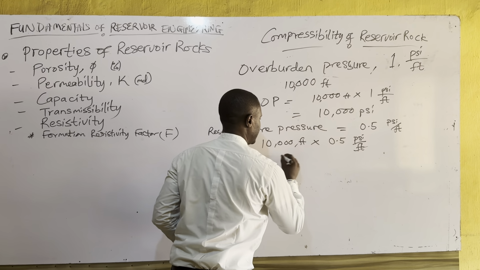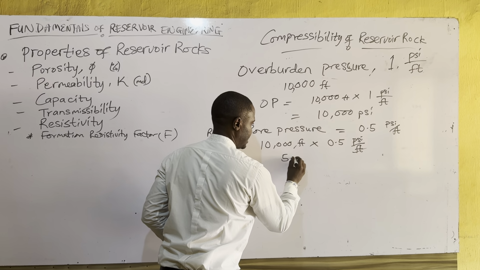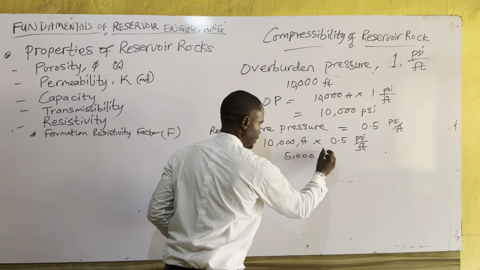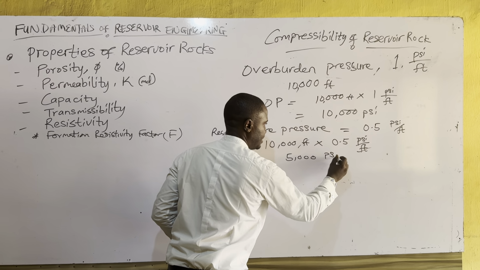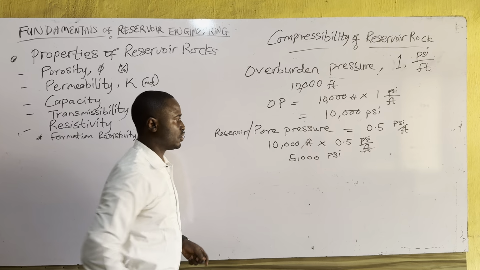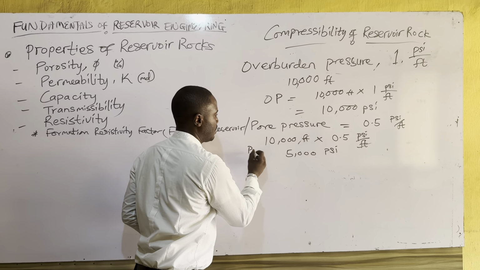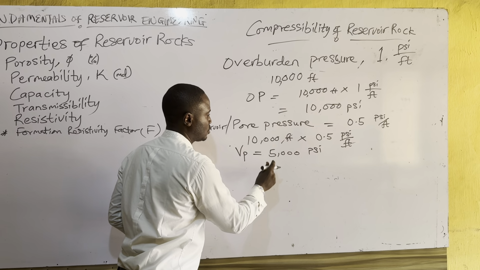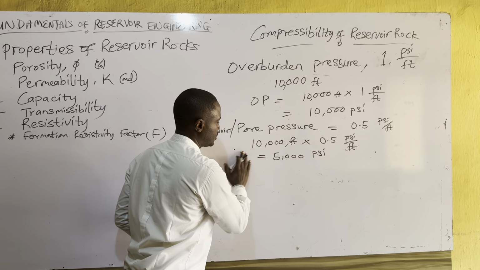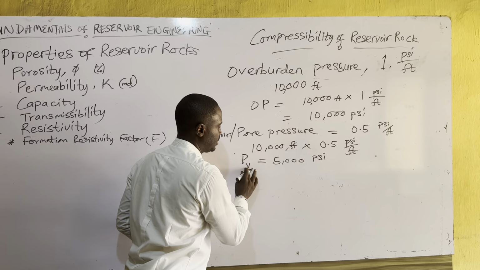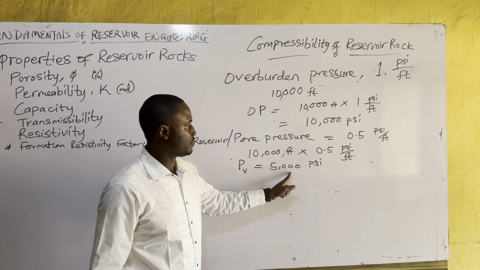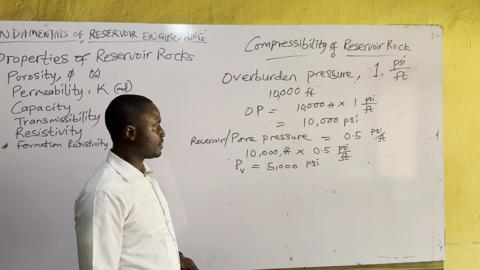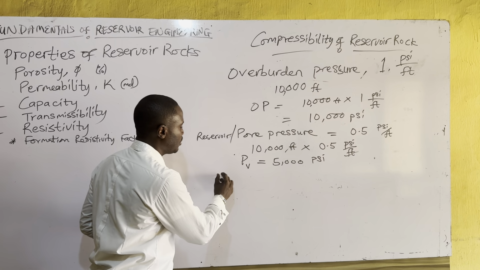This gives us 5,000 psi. Okay? So that means our pore pressure, usually written as Pp, is equal to 5,000 psi.